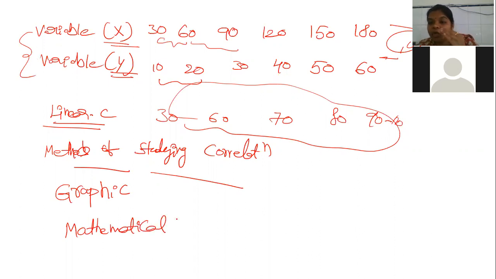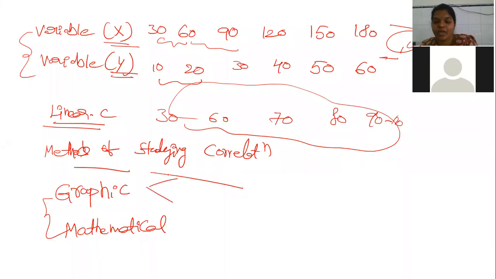So we can tell by plotting our graphs using the graphic method, or we may derive our data with the help of mathematical expressions or equations. We may tell whether it is following simple correlation or negative or positive, whatever the type of correlation is. So majorly we have two types of methods to explain correlation.